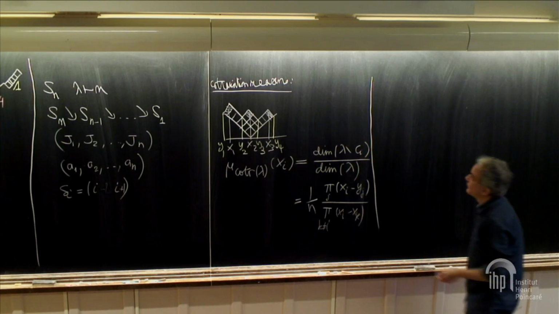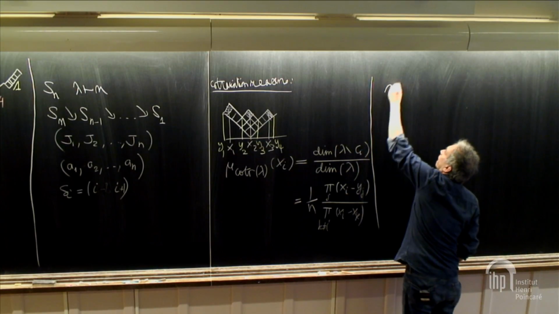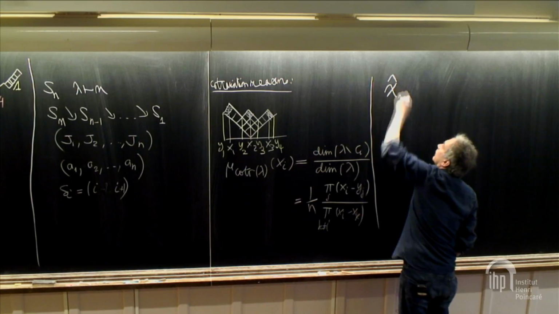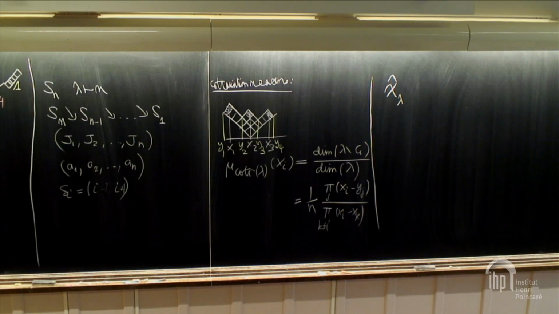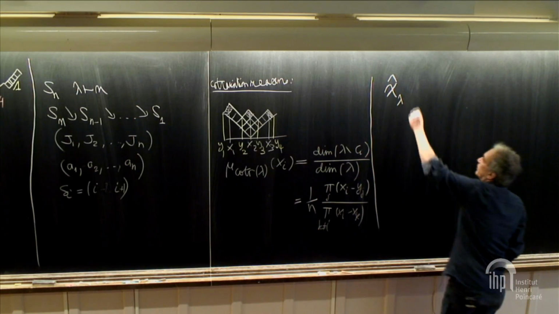So what we did last time was to investigate the possible limits of characters, irreducible characters, normalized irreducible characters, that is.